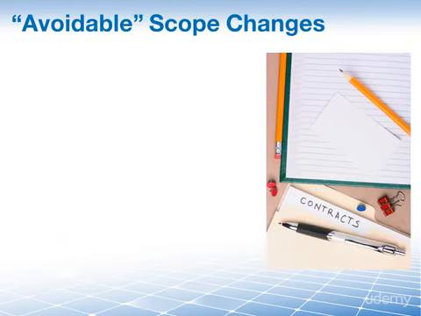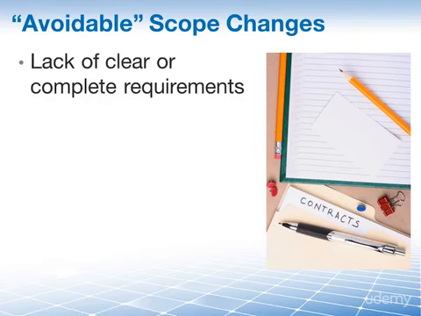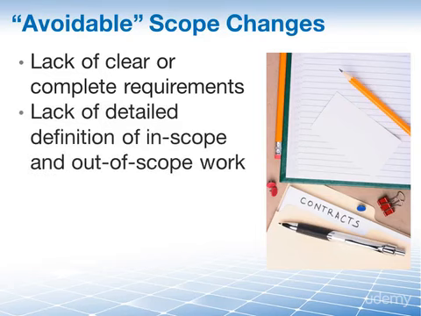Some changes to your scope are very avoidable and not unforeseen or driven by normal changes in the project environment. Here are a few examples of the sources of these changes in your project's scope. First of all, there is a lack of clear understanding of the requirements or an incomplete set of requirements. Then, lack of detailed definition of both the in-scope and out-of-scope work.